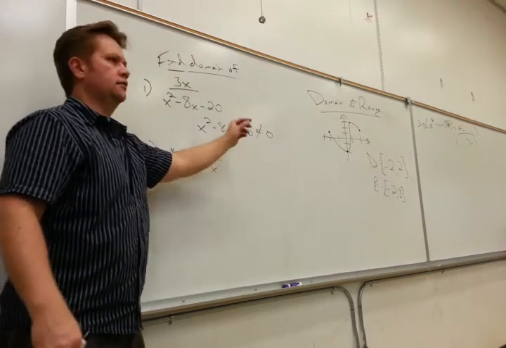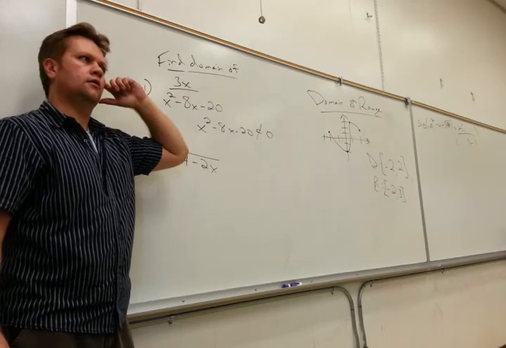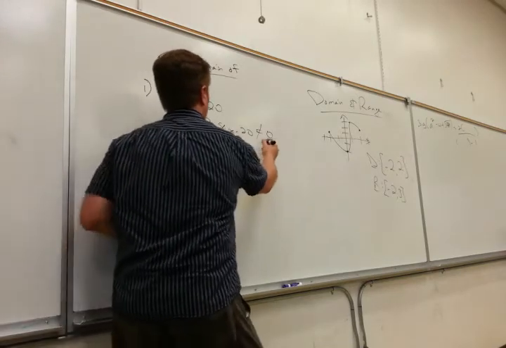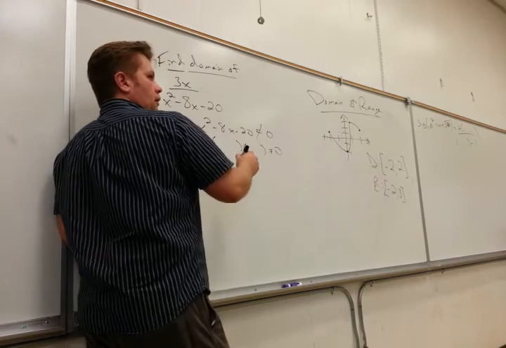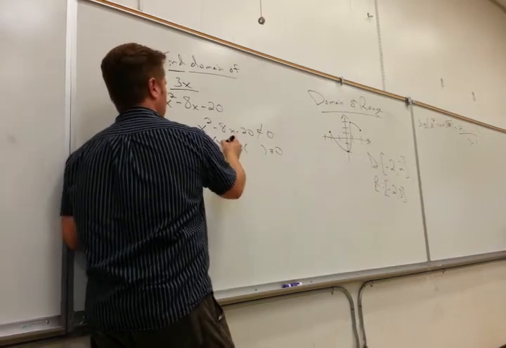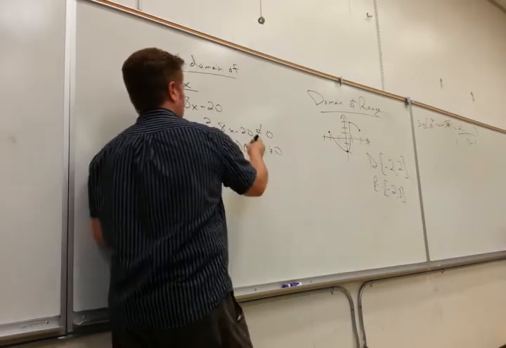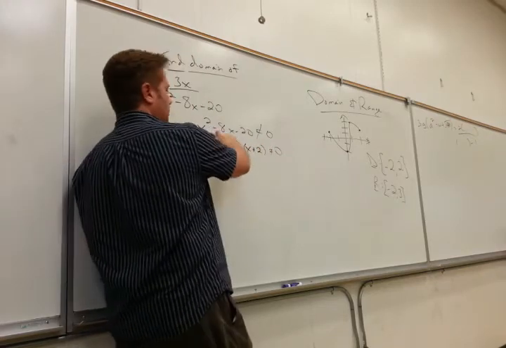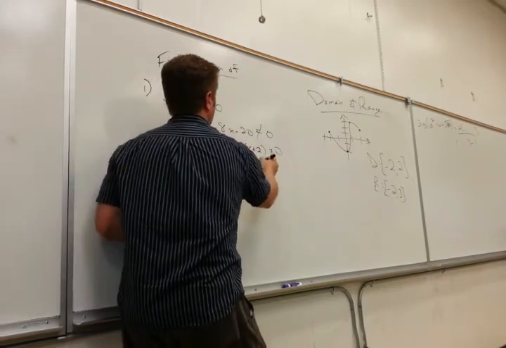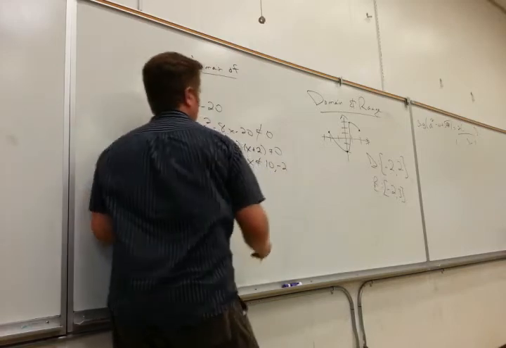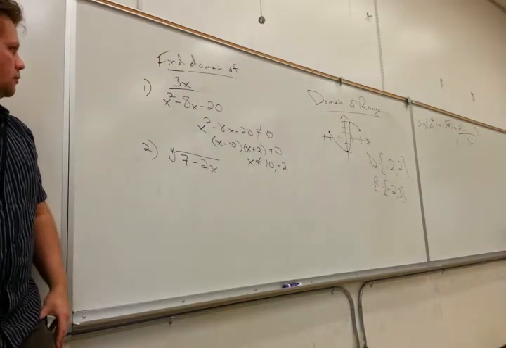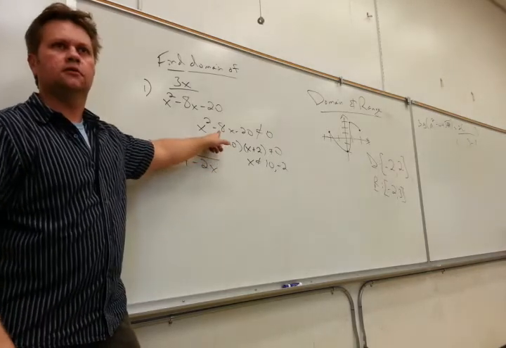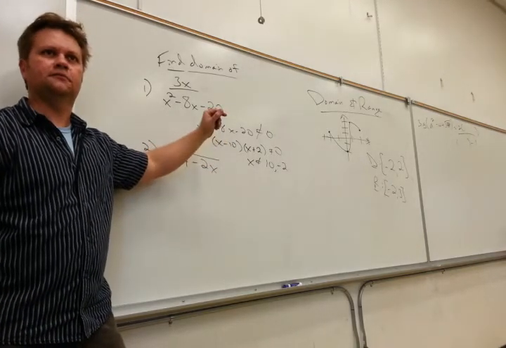Now how do you solve that? Factor. X minus 10, x plus 2. The bigger one is negative because it's got to be -8. So x cannot be 10 or -2. The bigger one's negative because this guy's negative, right?